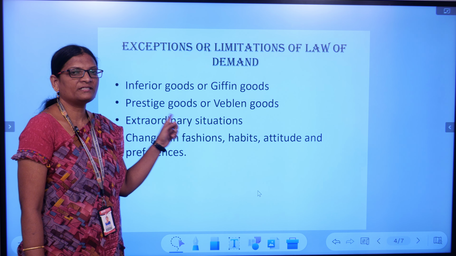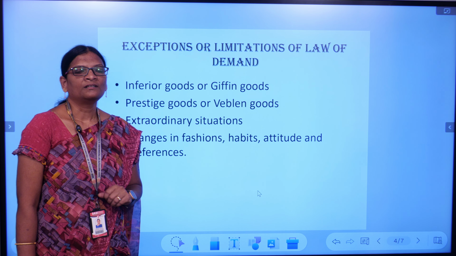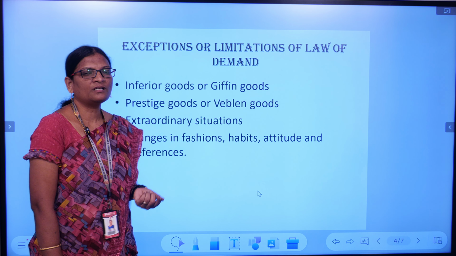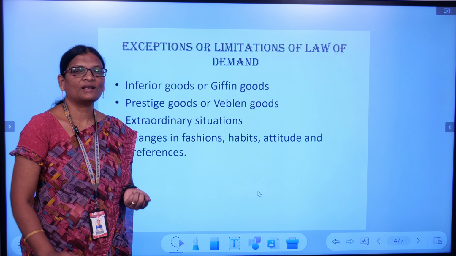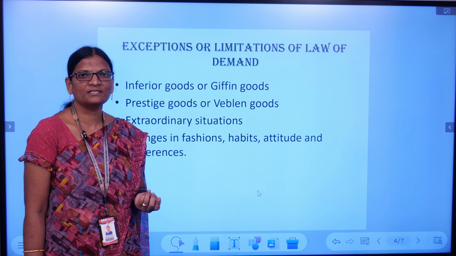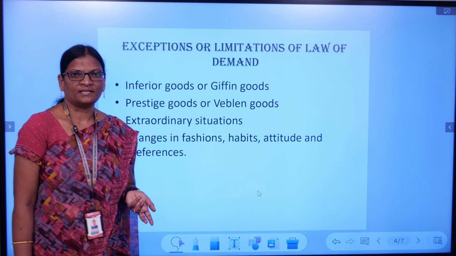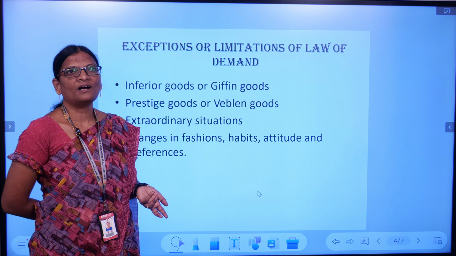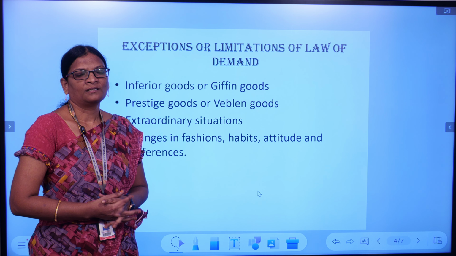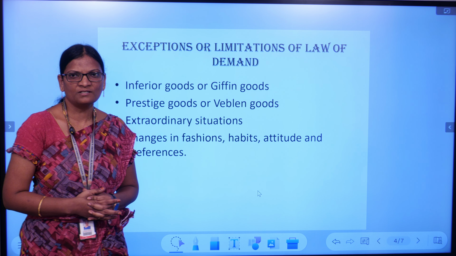Next situation is prestigious goods or Veblen goods. Veblen was an American economist. He observed this situation, that's why he named it. Prestigious goods are also called superior goods, comfortable or luxury goods. In the case of prestigious goods, some people may purchase luxury and comfortable products even though they are costlier. They may have cars, but if there is a new car model, they'll purchase that car in order to show their status in front of society.